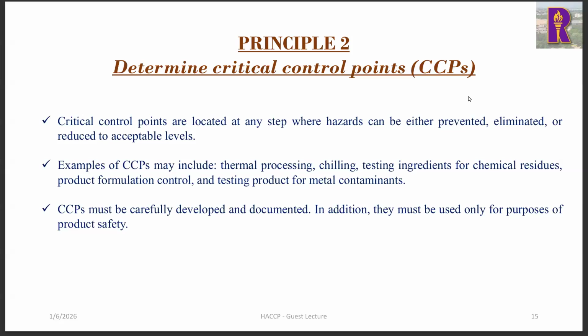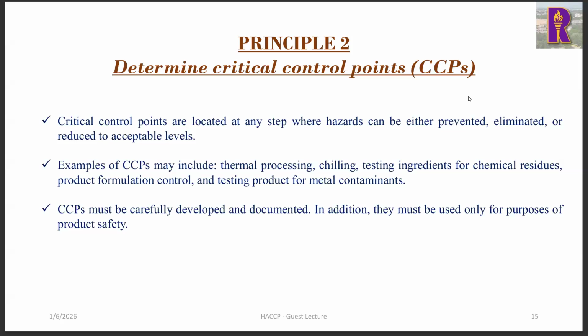If the cooking temperature is not 165 degrees Celsius, then there occurs a CCP deviation. If the temperature is not exactly at that level, then comes the second level of hazard analysis, where the critical control point has to be rectified.